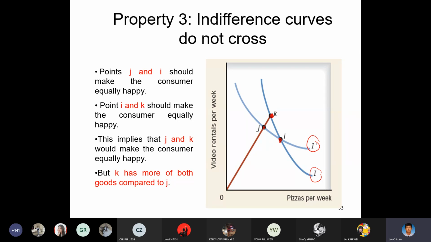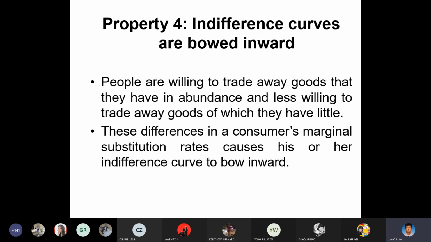And then, indifference curves are bowed inward. Why must they be bowed inward? Why can't they be straight lines? Normally we observe that when you consume a good that gives you satisfaction, you increase one good and you need to reduce the other.